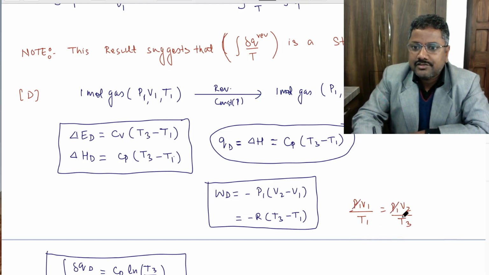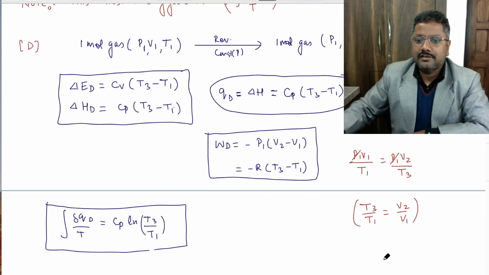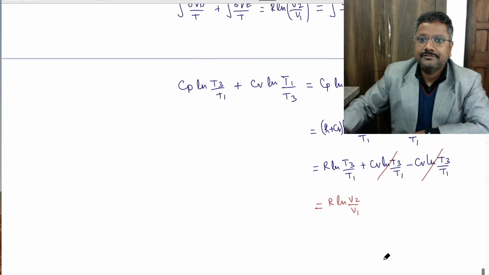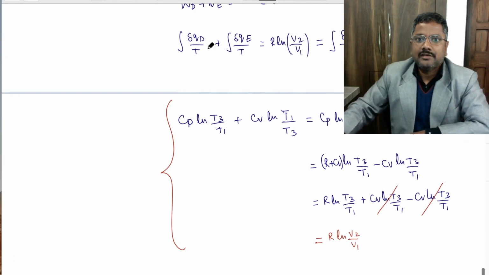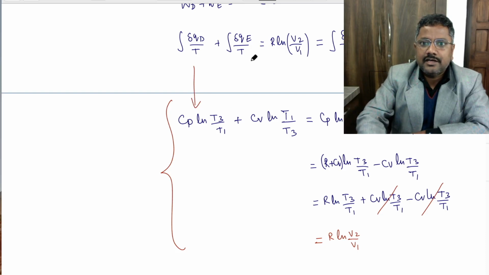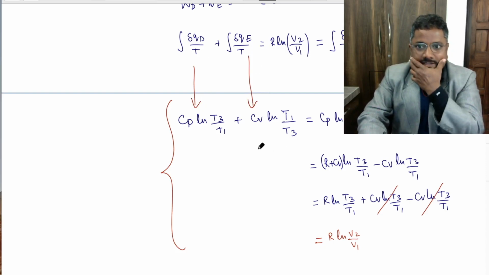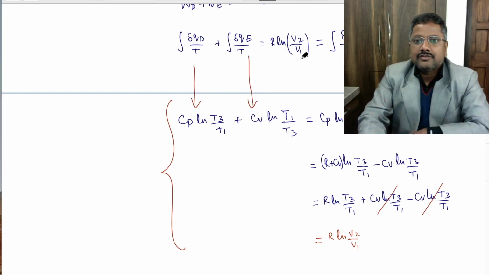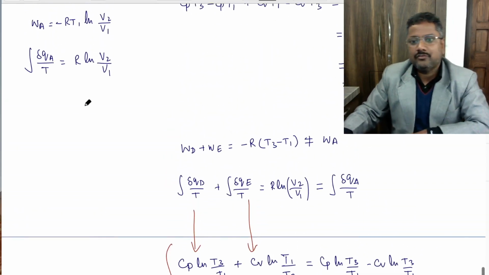So T3 by T1 is equal to V2 by V1, right? So you can prove this here. Now see, this is QD and this is QE. So QD by T and QE by T is equal to R ln V2 by V1, and this is equal to QA by T, R ln V2 by V1.